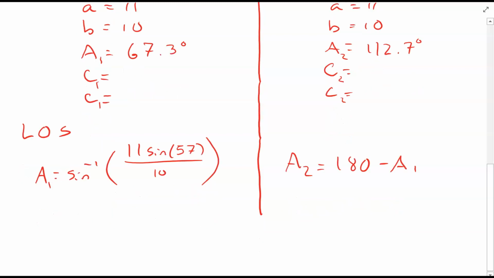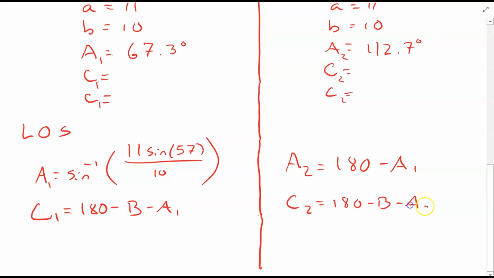The rest of this now is fairly easy. So I can find angle C1 by just doing 180 minus B minus A1. And angle C2 by doing 180 minus B minus angle A2. All right, just doing the triangle sum theorem. Since we know 2 of the angles, it's easy to find the third one.